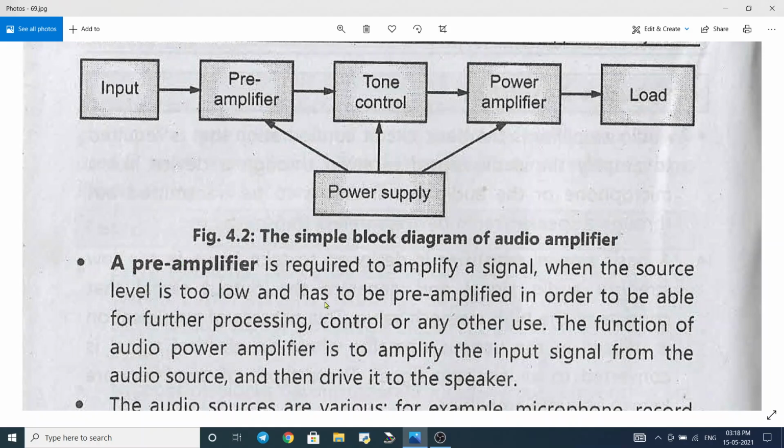So the pre-amplifier is required to amplify a signal when a source level is too low. It has to be pre-amplified in order to be able for further processing.